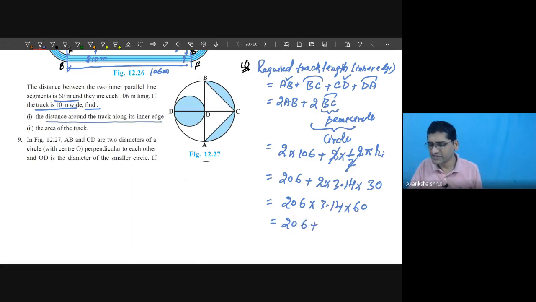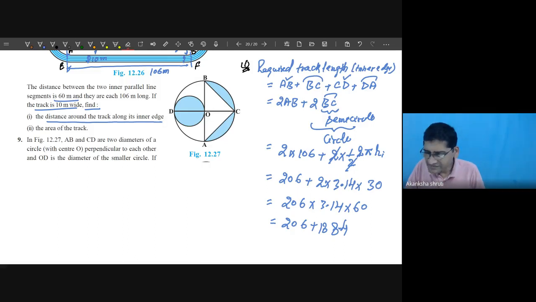206 plus, multiply this: 4, then 8, then 8. One more 0 is there, so the decimal is shifted one place rightward. So you can get it very easily. Go for adding it.